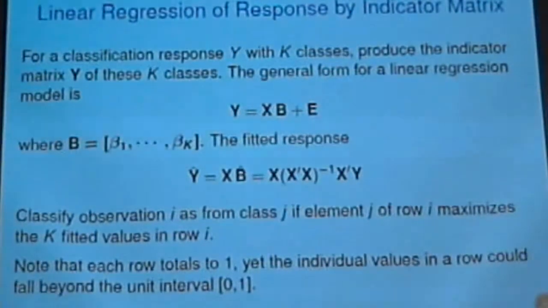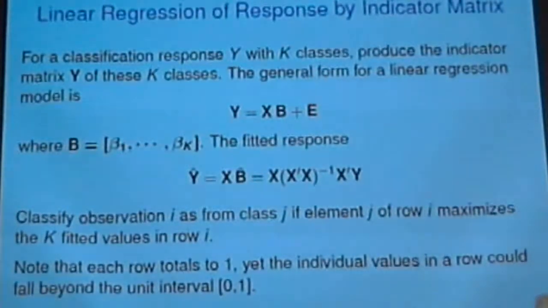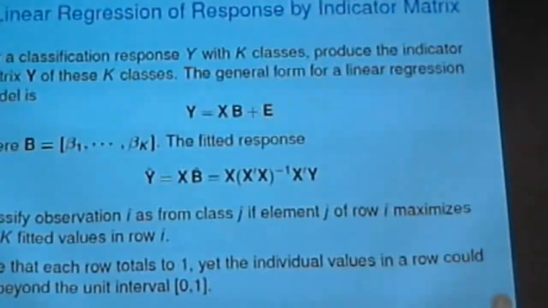Some in the AI community call this the class variable. I don't know why, it's kind of confusing. It's an indicator variable. So for each class, you produce this indicator variable. For our iris data, the indicator variables will be like this.